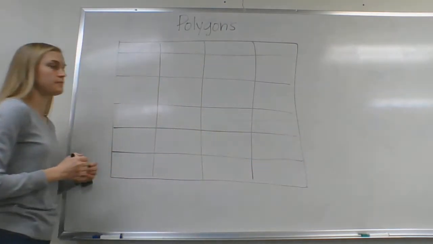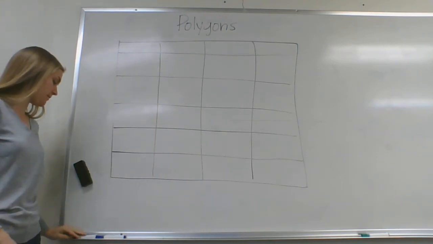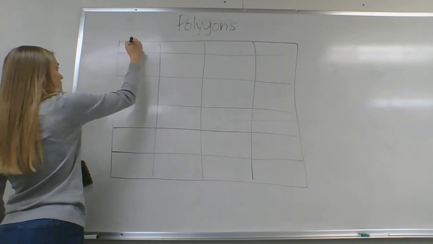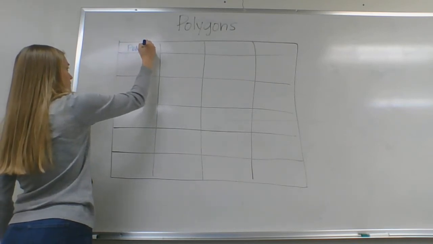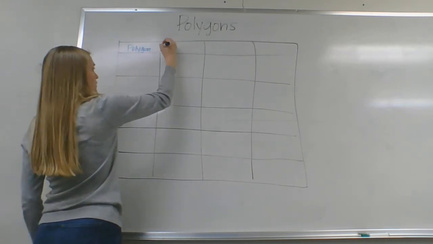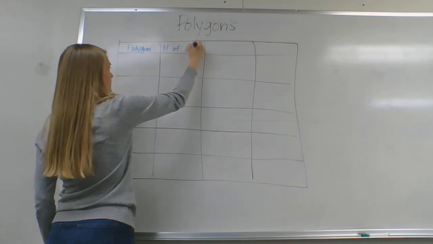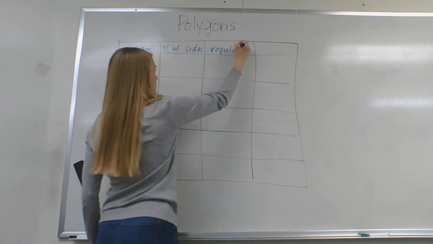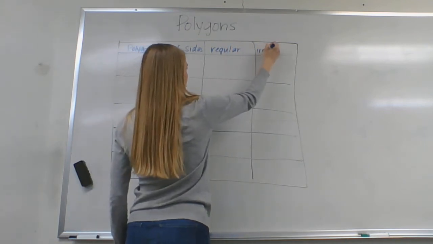All right, something like this. In the top, we're going to put polygon, number of sides, regular, irregular.